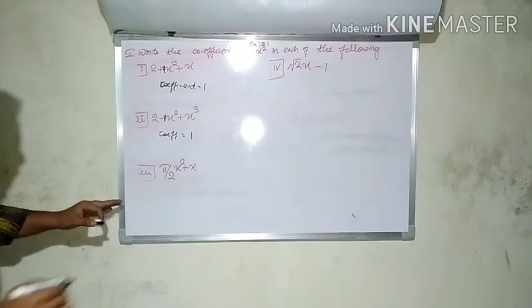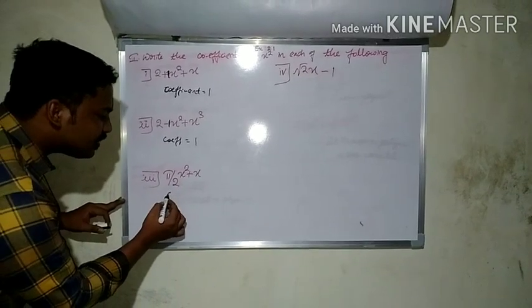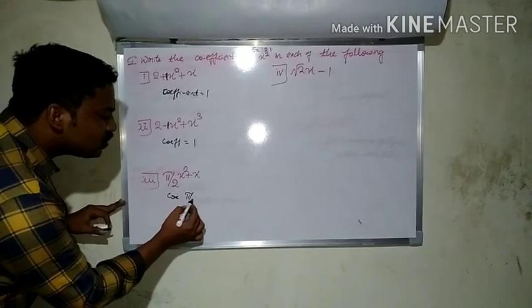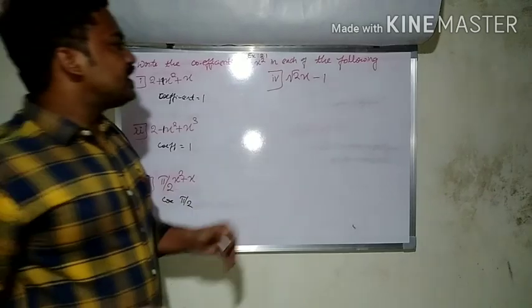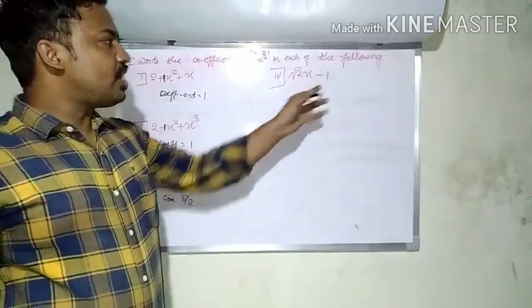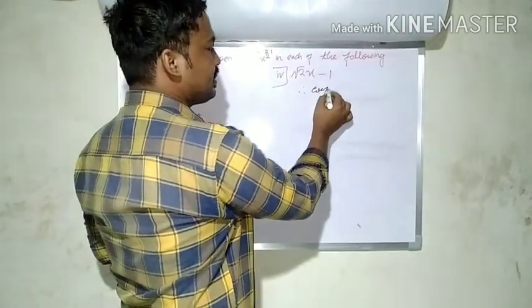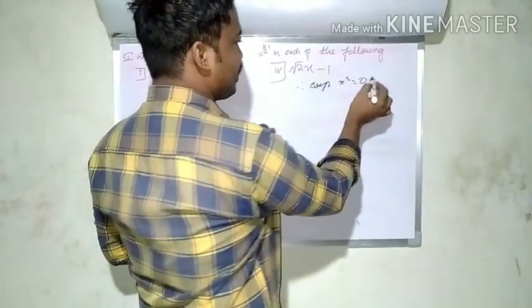In the third equation, x square multiplied with pi by 2, so the coefficient of x square is pi by 2. And in the fourth equation, square root of x minus 1, there is no x square term. Therefore, the coefficient of x square is 0.